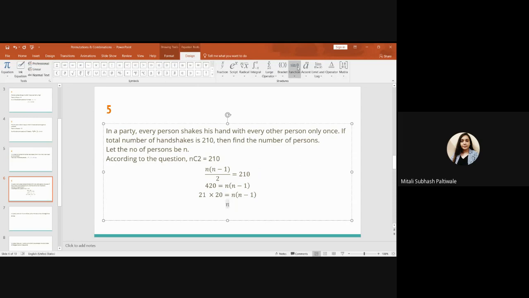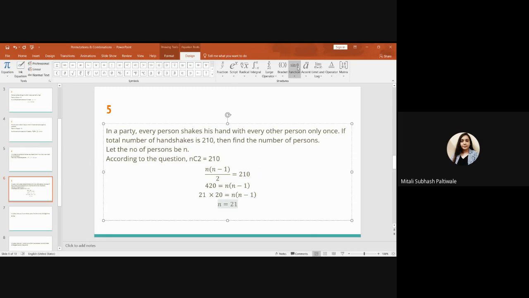n would be equal to 21. How did this come? What we have done is we have just parted the 420. We have bifurcated it into 21 and 20.